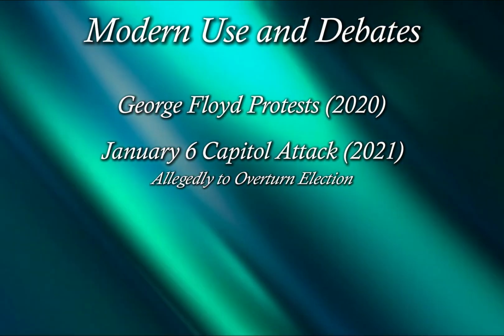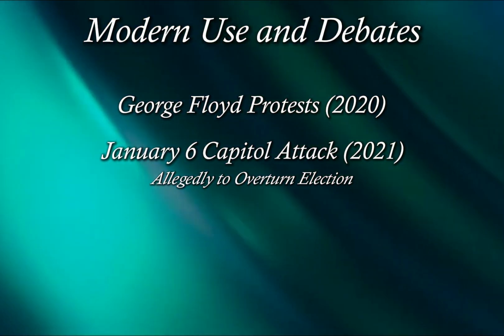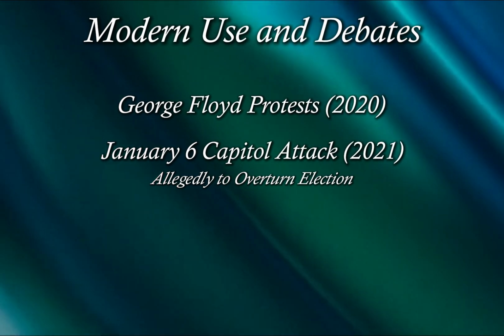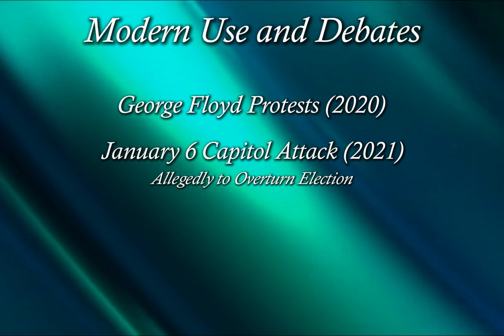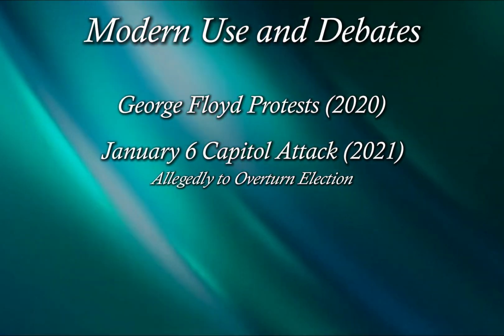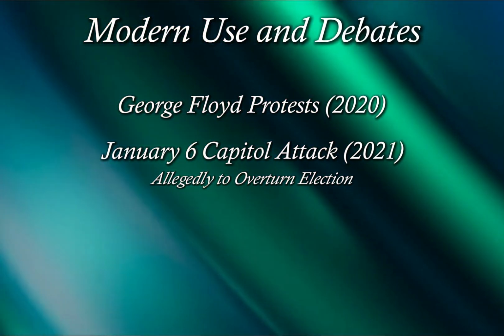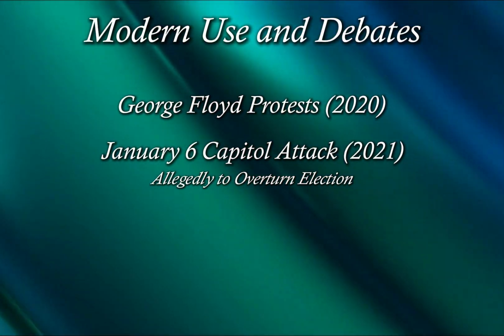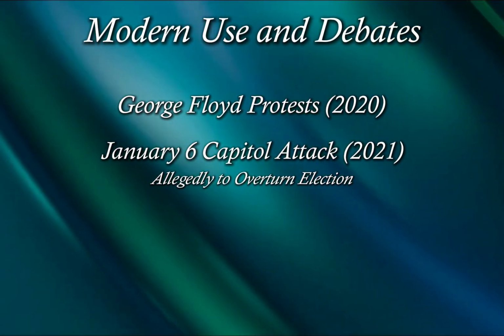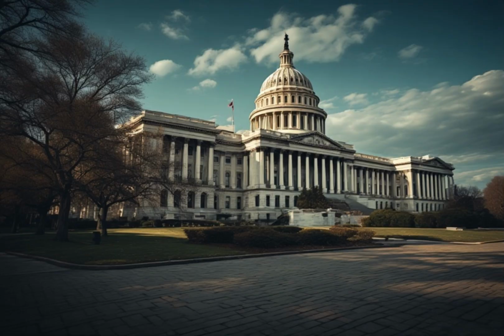In this case, use of the Insurrection Act might have been justified under Section 252 or Section 253, given the breakdown of federal law enforcement capacity and obstruction of federal functions, i.e., the Electoral College certification.